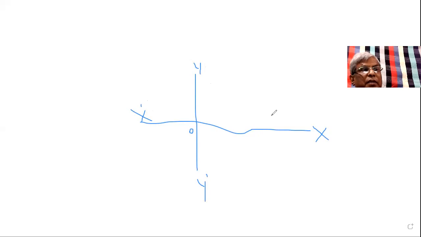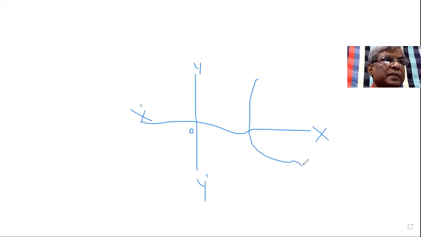This is the x-axis and y-axis, and now our target is to find the parabola. Perhaps in the previous class we discussed this part here.